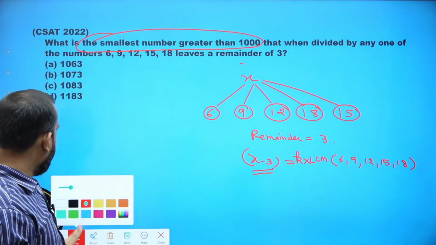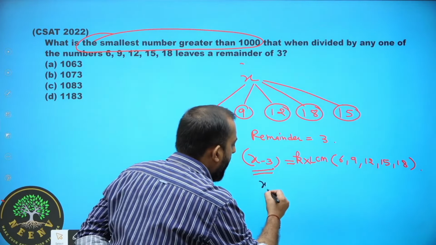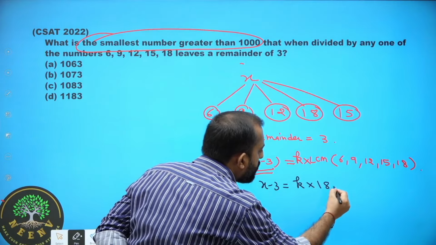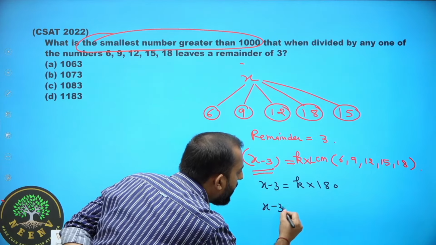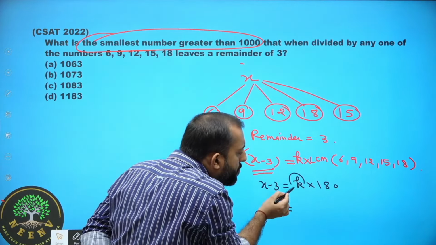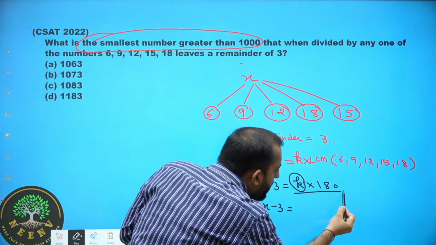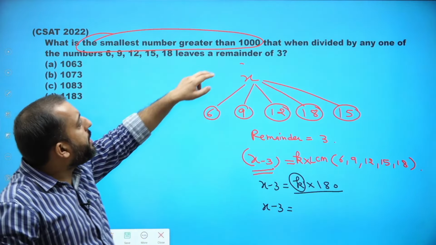So I know x minus 3 will be equal to k into 180. I have to assume such a value for k so that k into 180 is greater than 1000.